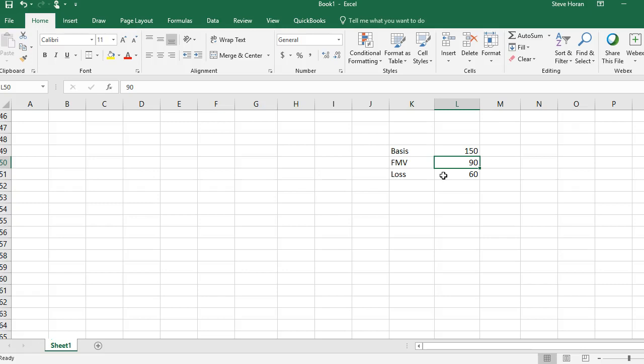I said 150 for cash, but sell it for 90, and then recognize the loss, get the tax benefit from the loss, and then give the 90,000 to our shareholder. Okay, so that's the answer. Sorry, I got that backwards.